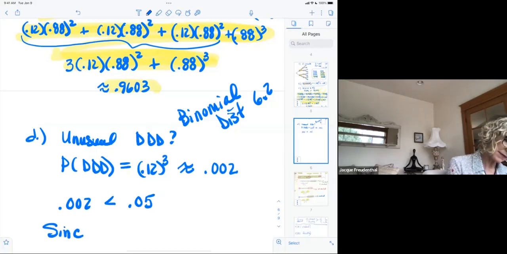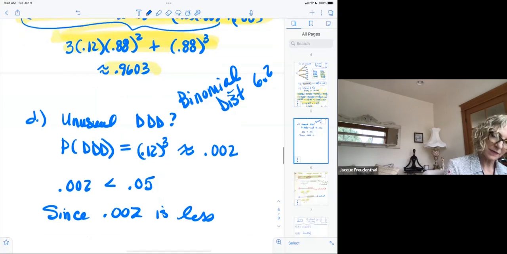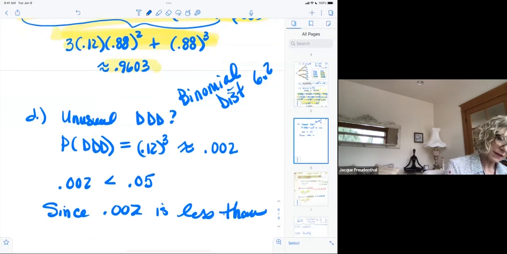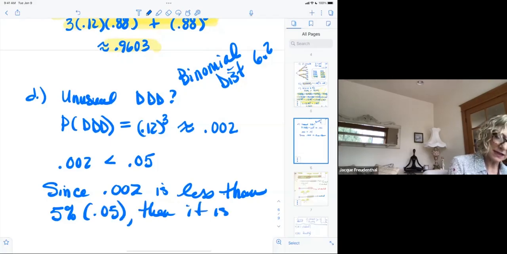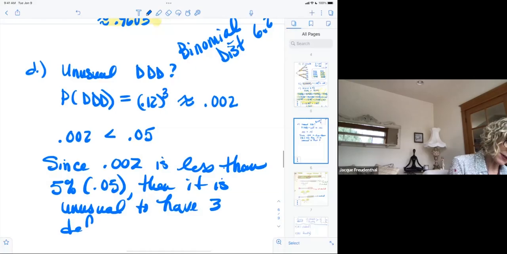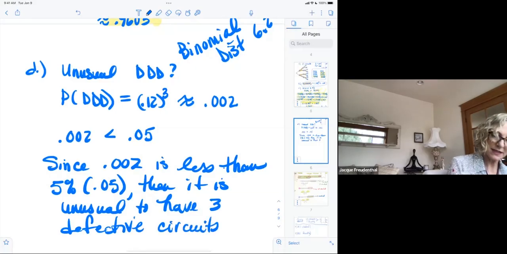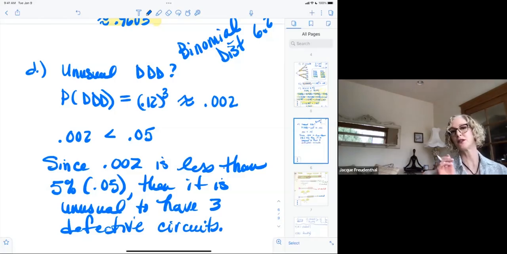So since 0.002 is less than 5% or 0.05, then it is unusual to have 3 defective circuits. Is that probability small enough where it's unusual? So we consider a small probability less than 5%.